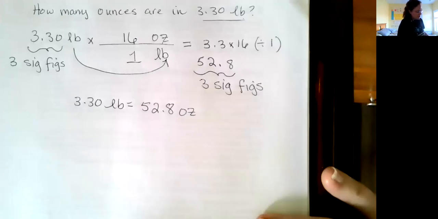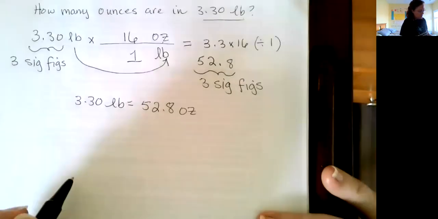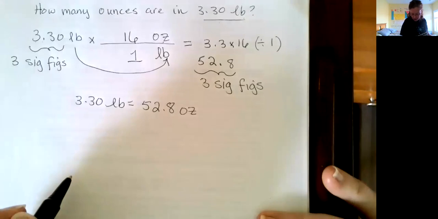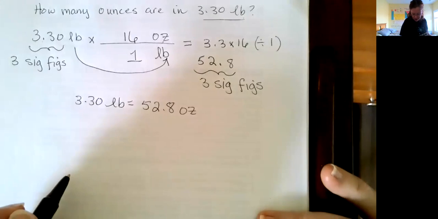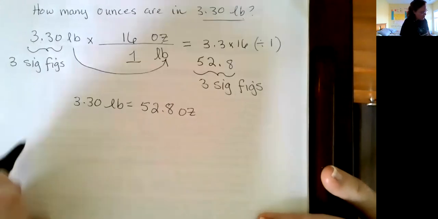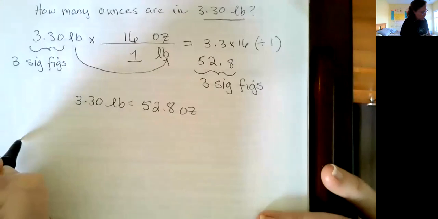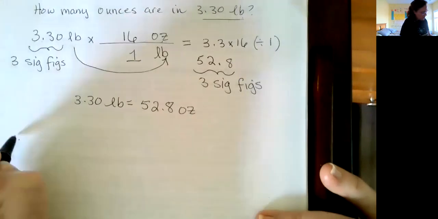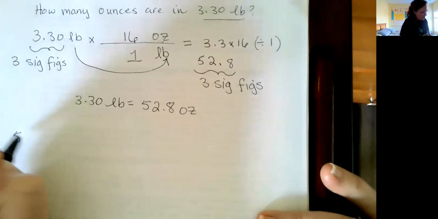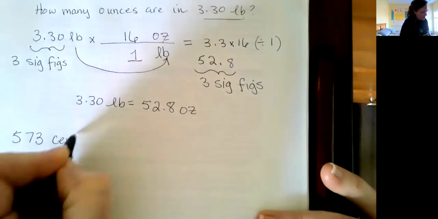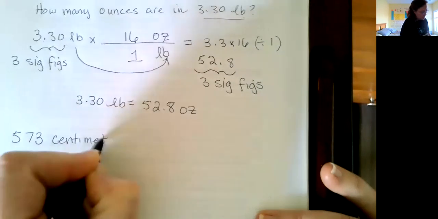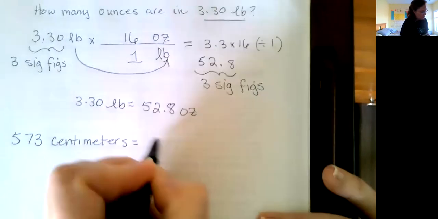Let's do another one now. Let's do, wish I had one that had some other numbers to it. Okay, the centimeters to yards, there we go. Let's say we have 573 centimeters equals a certain number of yards.